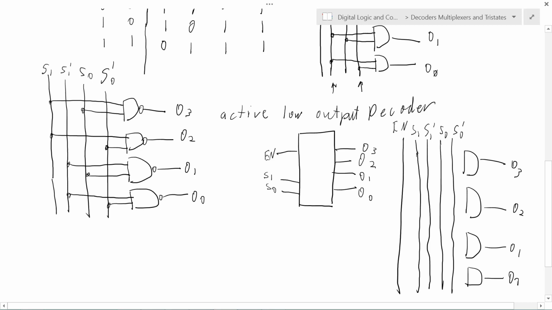Now we need 1, 1, 1, 0, 0, 1, and 0, 0 inputs. How does the enable signal work? Well, we don't wish to output anything unless the enable signal is high.